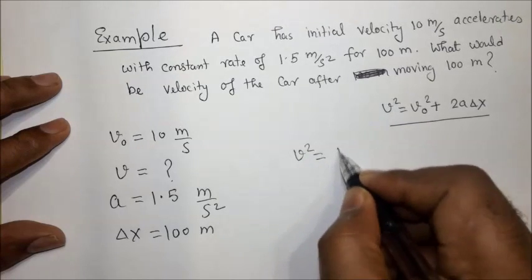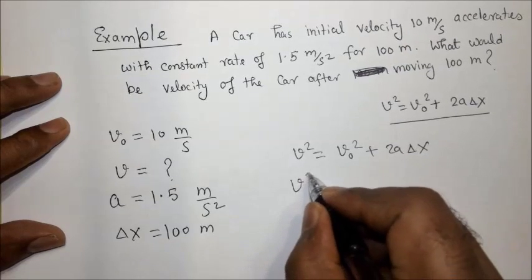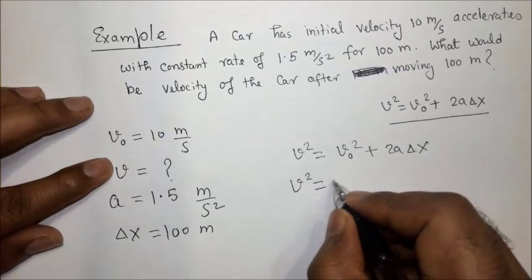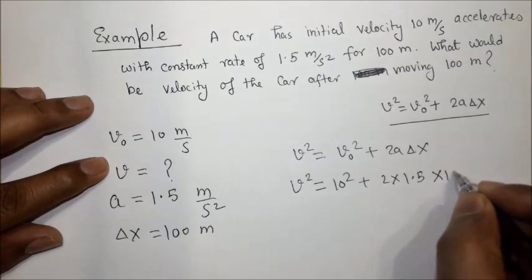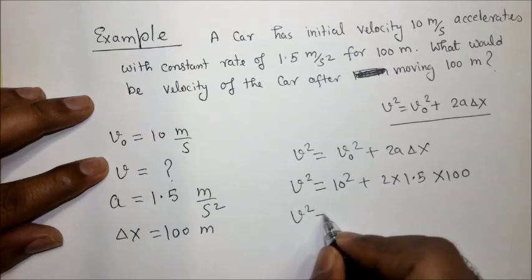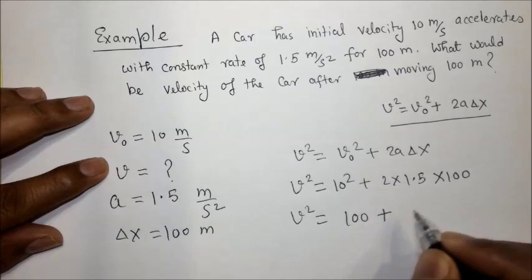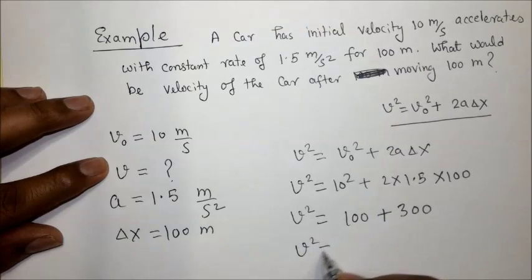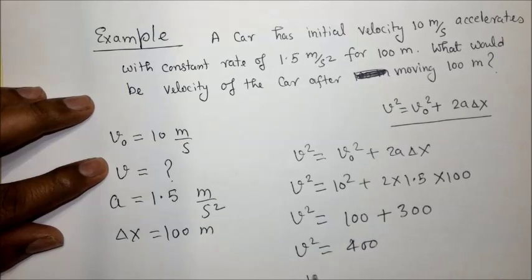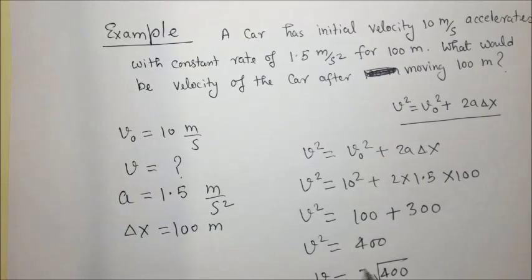V final square is equal to V initial square plus 2a delta x. V final square is equal to 10 square plus 2 times 1.5 times 100. V final square is equal to 100 plus 300, 400.